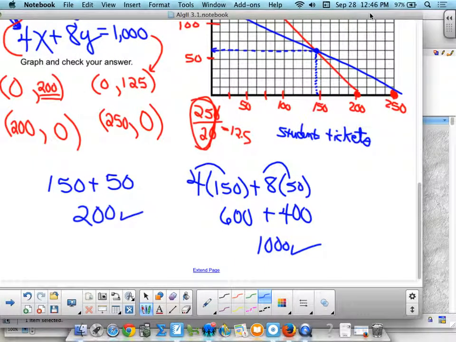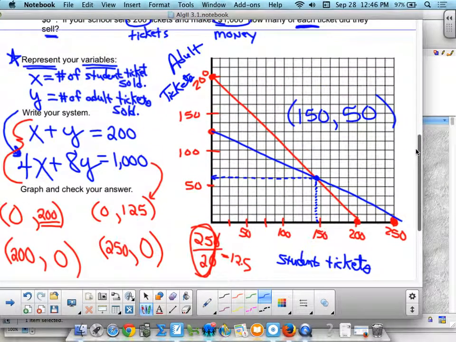Now come back up here. Don't turn your page yet because you haven't finished. You can't just say 150, 50. Guess what you have to say? 150 student tickets and 50 adult tickets. When it's a story problem, you gotta throw on the units. What do they stand for?